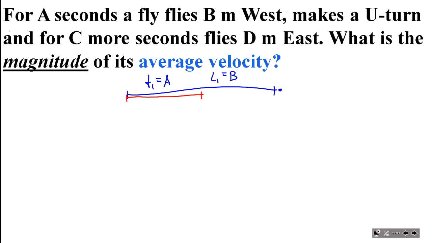This portion of the trip requires a different amount of seconds, and the length of this portion of the trip is different. So those are the variables which we extract from the text, however we know, because we have a hint here, average velocity.